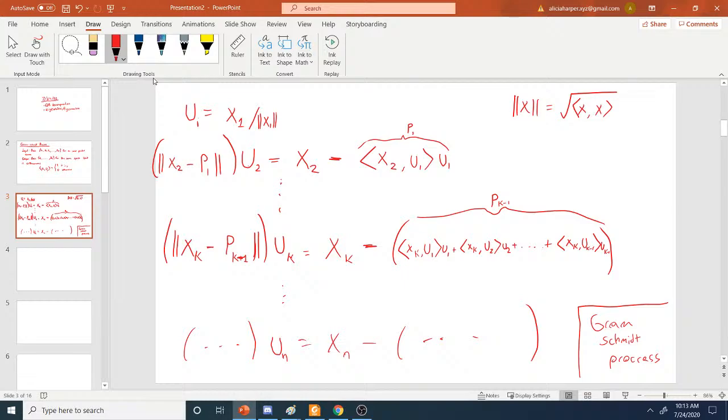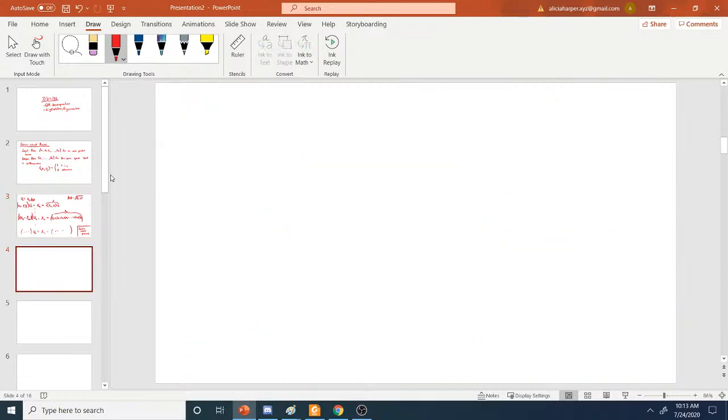So here's what we're going to do. We're going to note that we're essentially writing u1 is equal to r11 times x1, where in this case r11 is equal to 1 over the magnitude of x1.